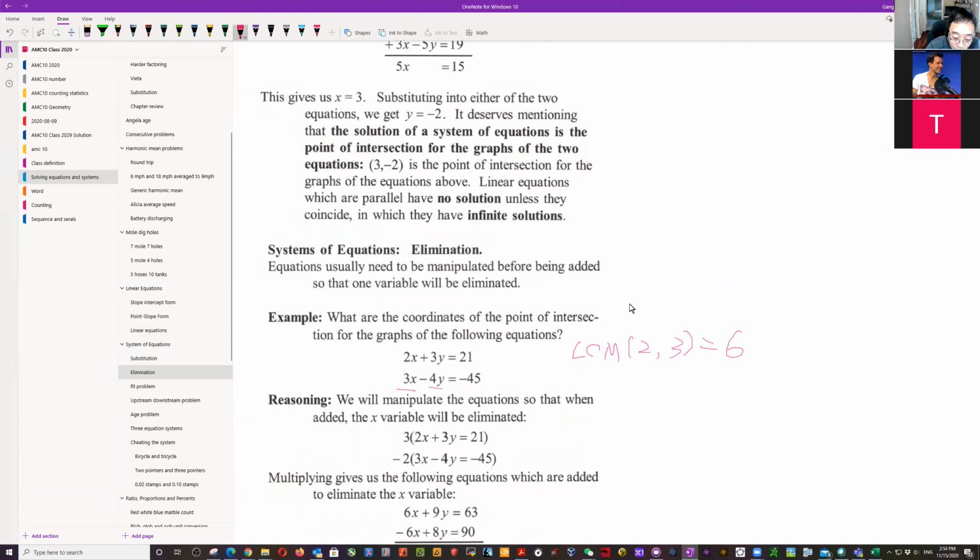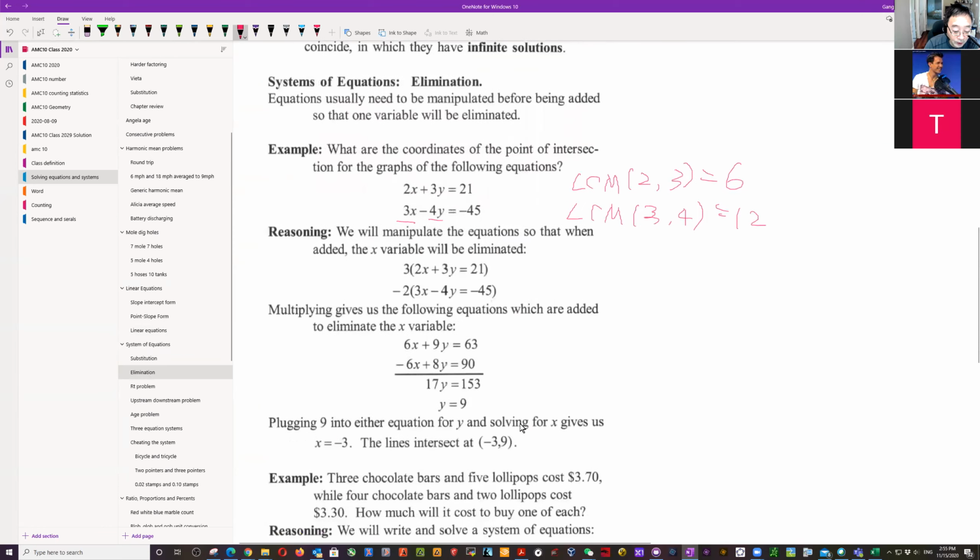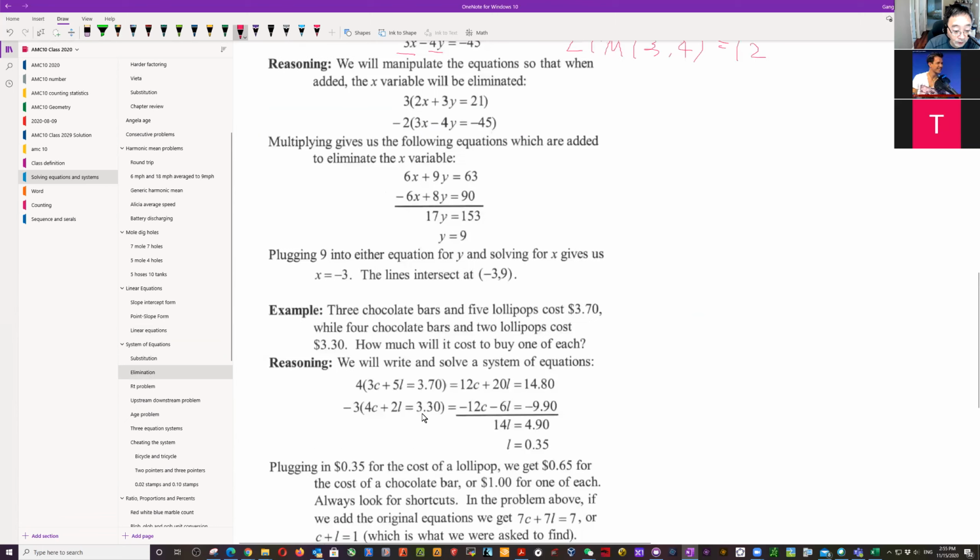For y, the LCM of 3 and 4 is 12, so I synchronize both to 12. Either way is about the same effort, so it's really up to you. In this example, they chose to eliminate x, but obviously you can also eliminate y. Either way is fine.